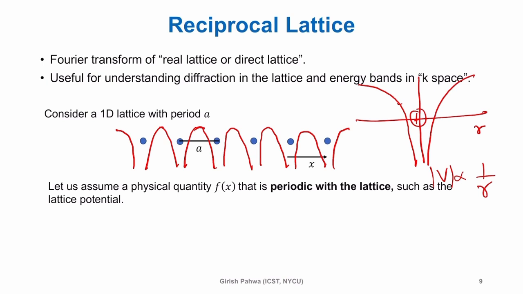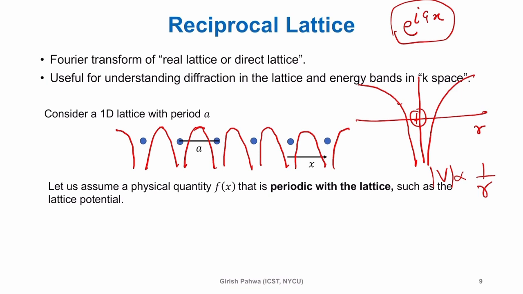What do I mean by a plane wave? How do I mathematically represent a plane wave? When I say a plane wave, what comes to your mind? Some sine or cosine, right? We can combine both of them and also say that e to the power iota gx, g is some constant, represents a plane wave.